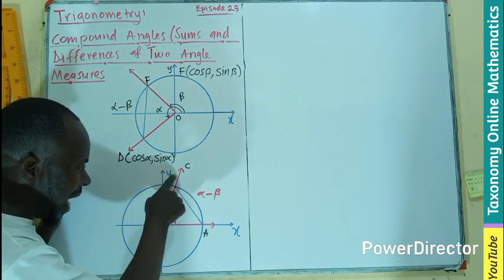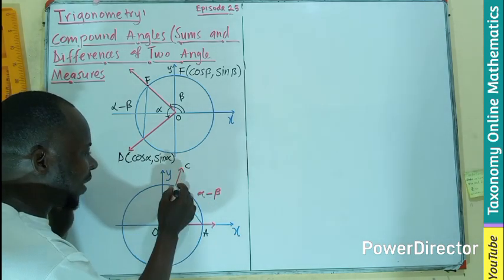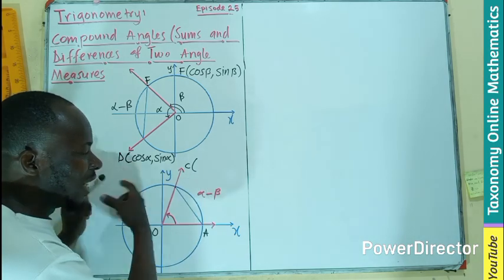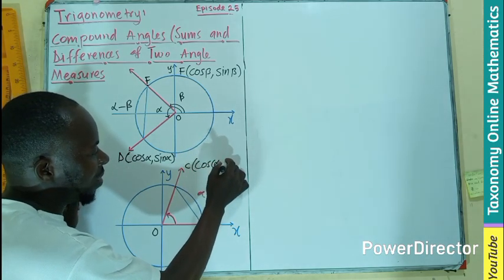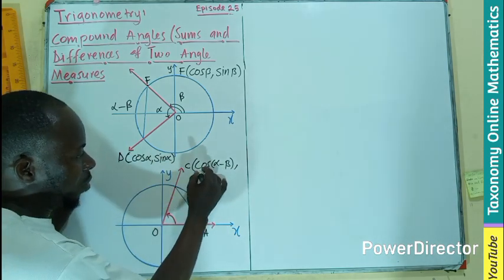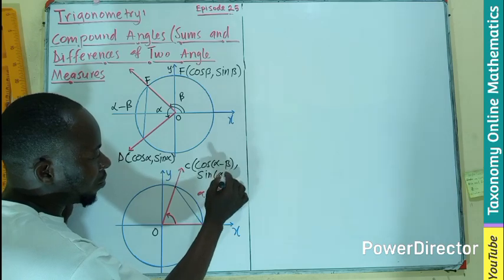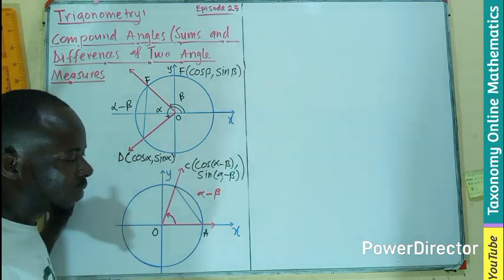This is the angle. The angle is going to be alpha minus beta. So the point C will also have the x coordinate of the angle, which will be the cos of alpha minus beta, comma. Then the y correspondent will be sine of alpha minus what? Beta. So all this is the point we have.